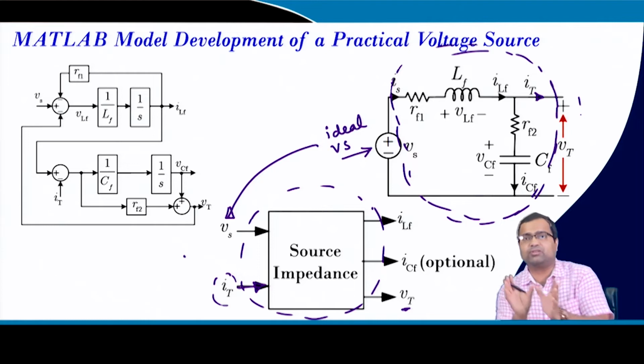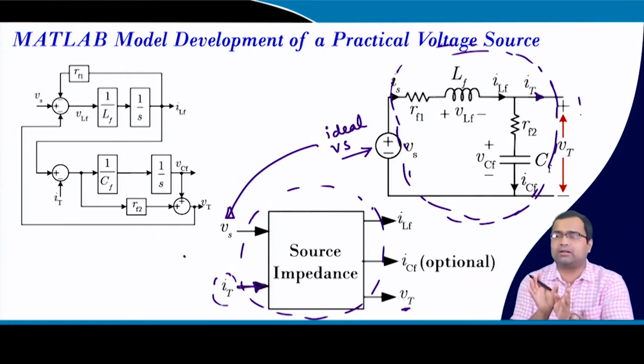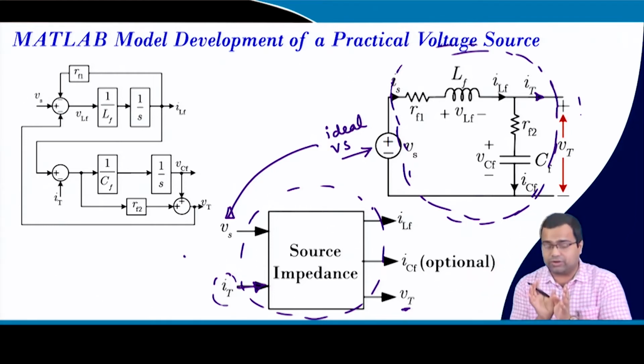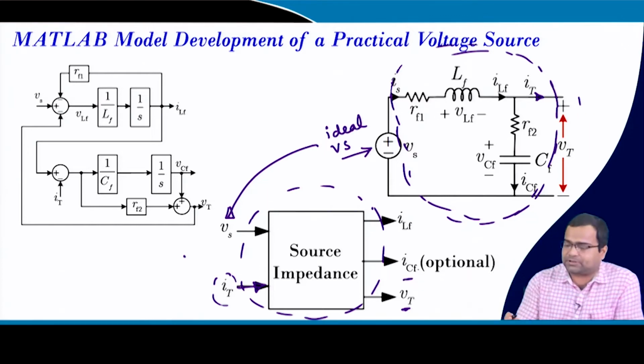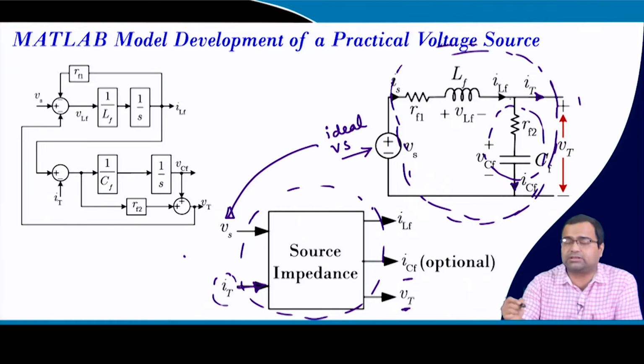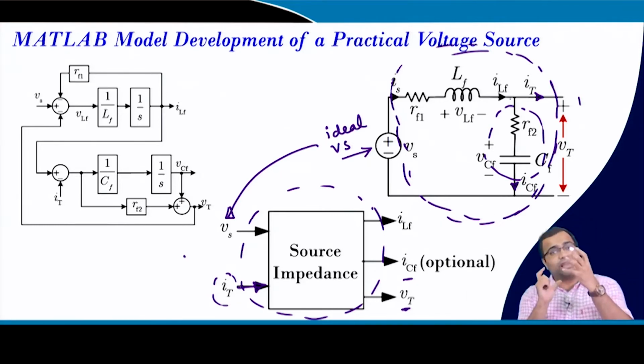This will be connected to the input of the next block that we are going to drive. It is optional that we can also tap this current and check it, though in the actual circuit this block is a capacitor. It is the ESR of the capacitor, which is an integral part of the capacitor, so we cannot access it, but for simulation we can check it.